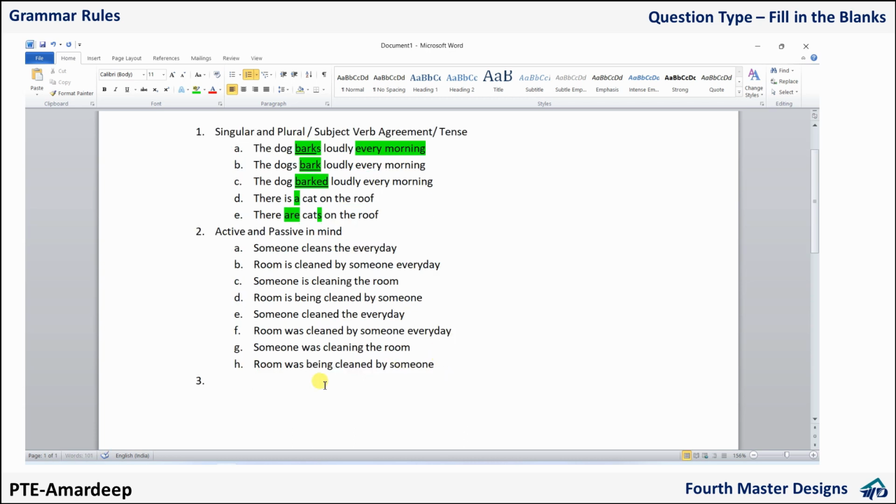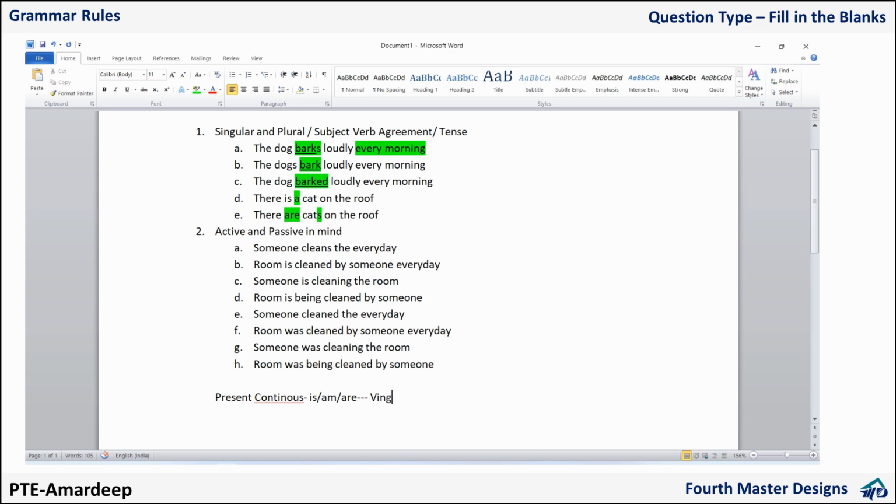In present continuous, what you do? You write is or am or are, and then you have V1 plus ing, right? Or I would say with the verb you add ing.